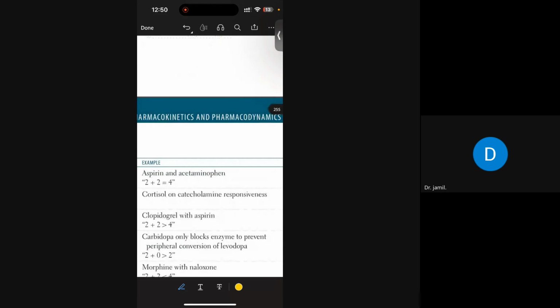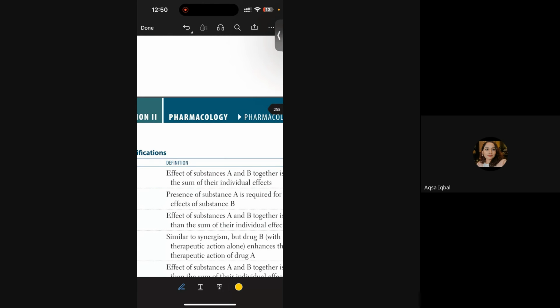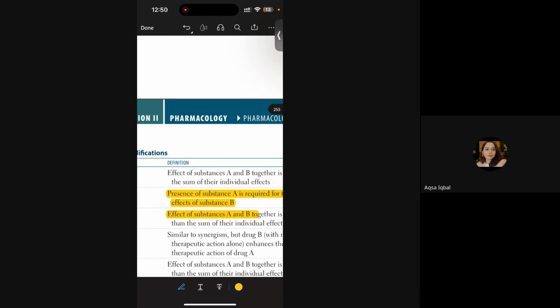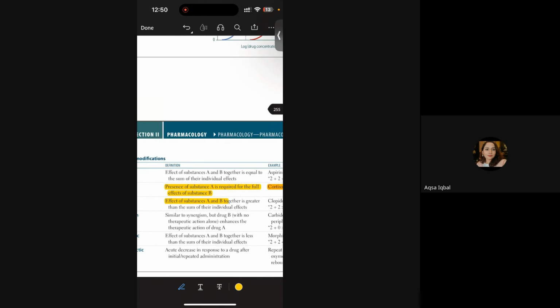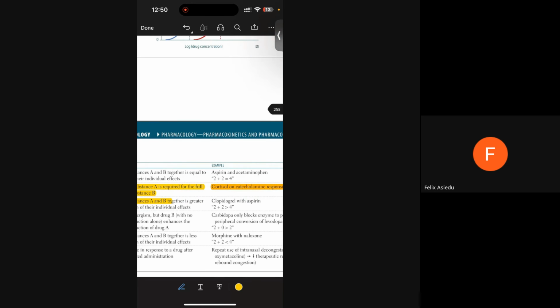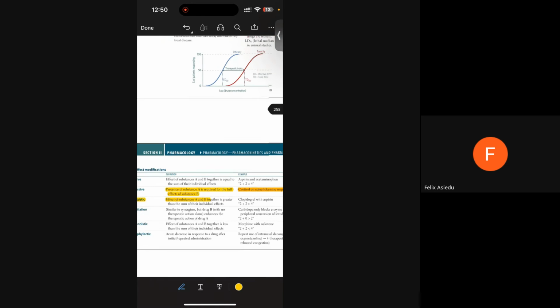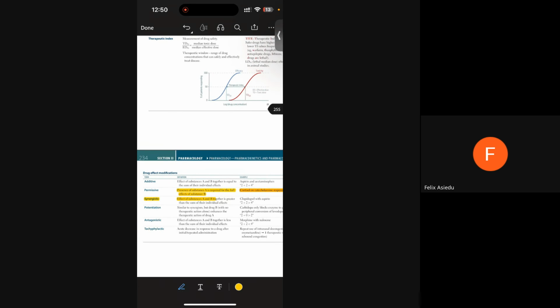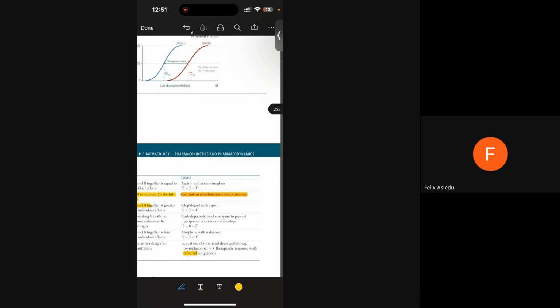Cortisol on catecholamine responsiveness: the presence of substance A is required for the full effect of substance B. This means 2 plus 0 should be greater than 2. Like that, cortisol increases catecholamine responsiveness.